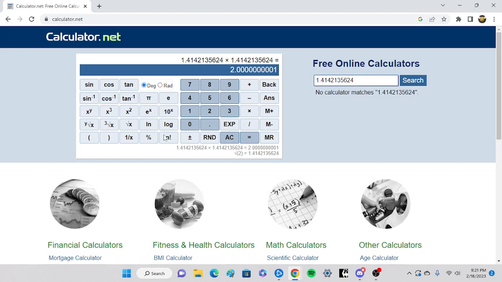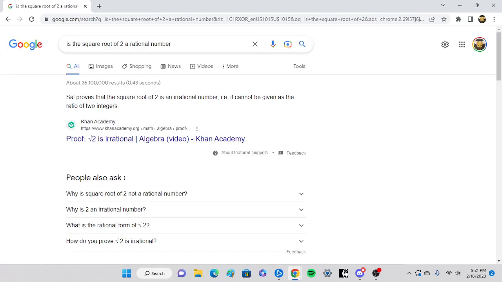Just in case you're not going to accept this proof because you can't see that the Google Calculator sucks, I have another method of proving this. And this is called a proof by Google search. Is the square root of 2 a rational number?